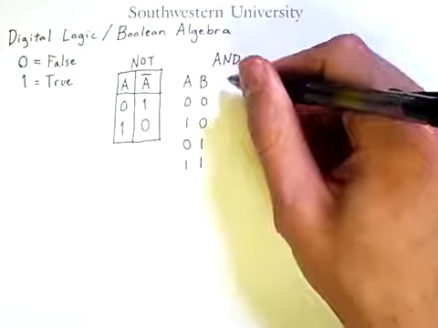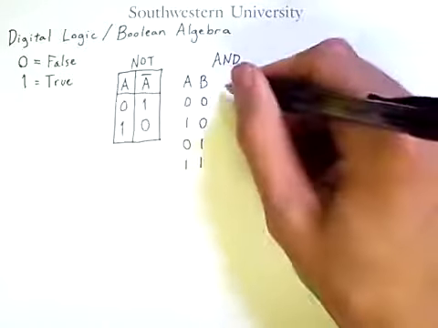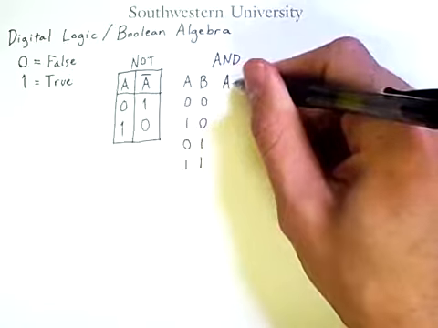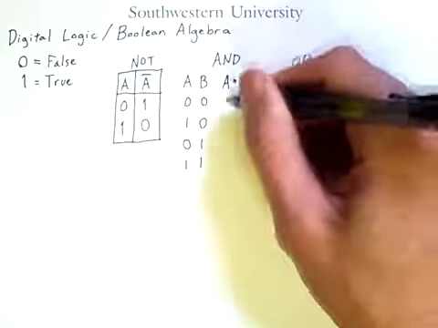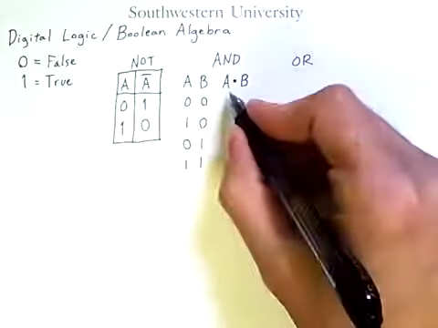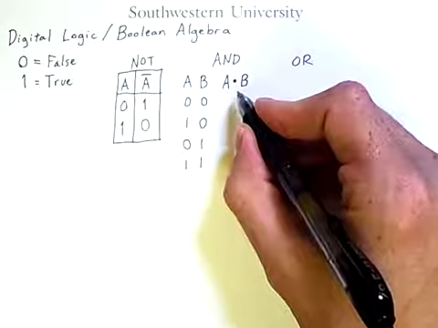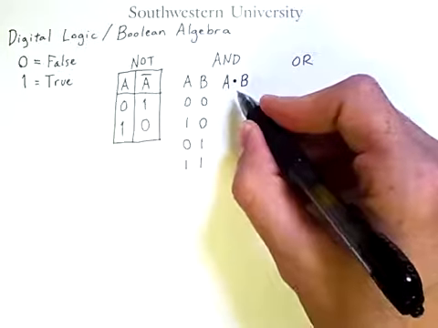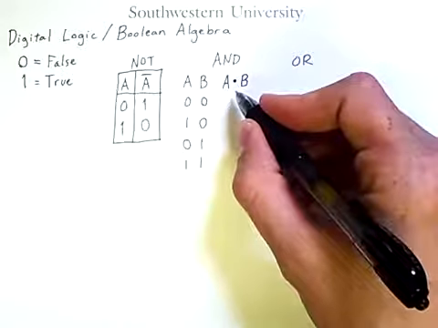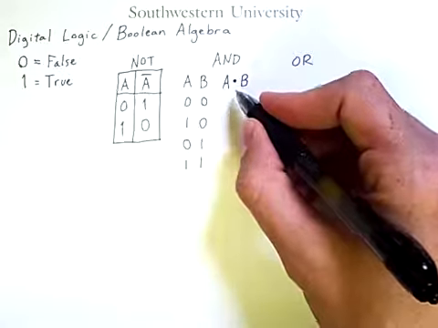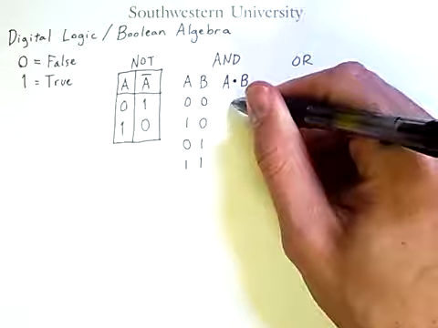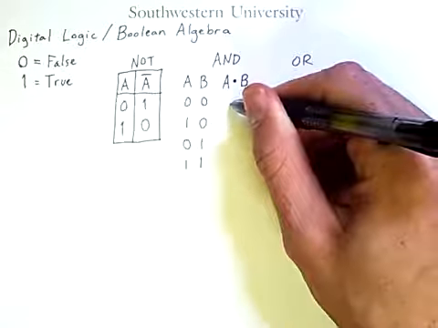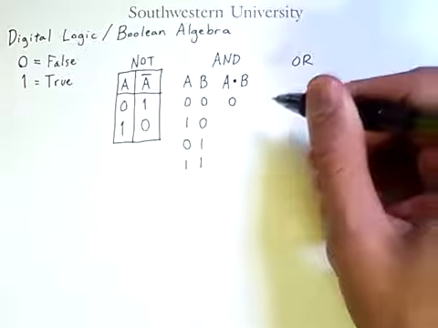Now in this class, we will denote logical AND using what looks like a multiplication operator. What this operator asks is, is it the case that both of my inputs are 1? That means that if both are false, the answer to that question is false, and I put a 0 here.